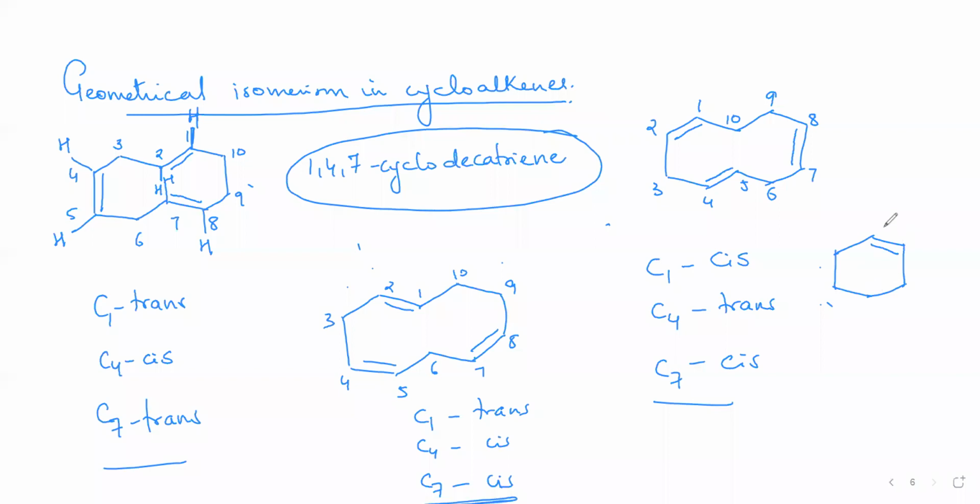This is cyclohexene. Will geometrical isomerism be shown by this molecule? What if I write the double bond here? Can I say anywhere I write the double bond, this cannot show two different configurations in space?